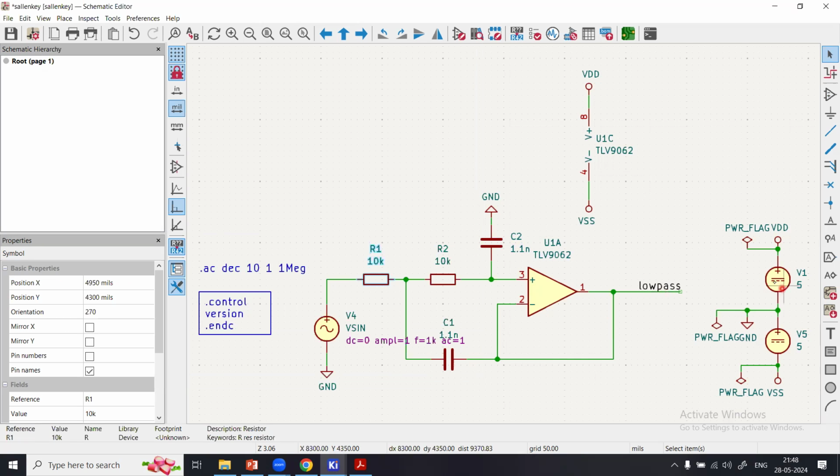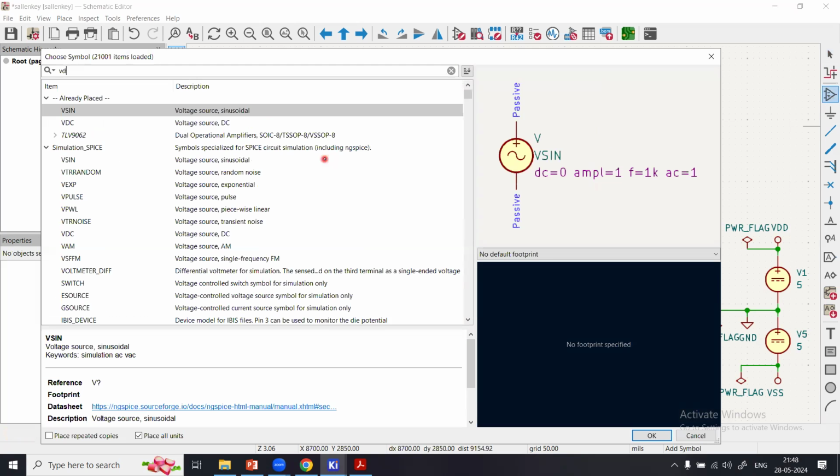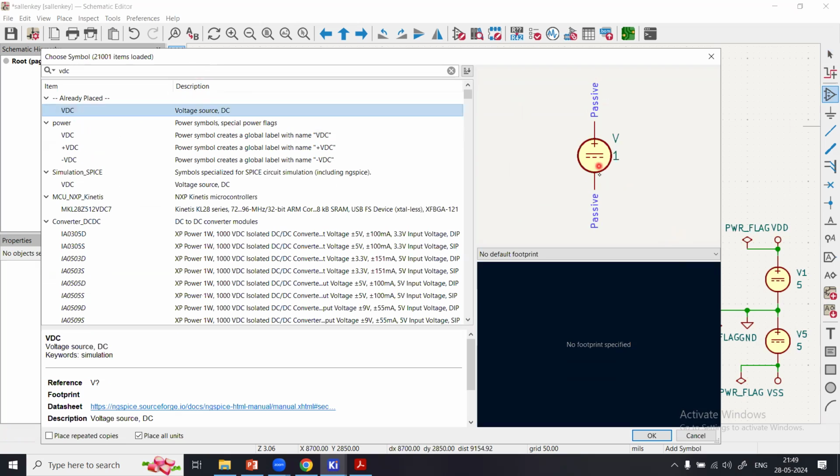Now, for the power supply, I click the symbol library again, and it is opening again. Then I typed VDC, and you see it's already placed. I got the symbol for the VDC. This is a DC voltage source, which is what I want. But how about these flags, VDD and VSS?